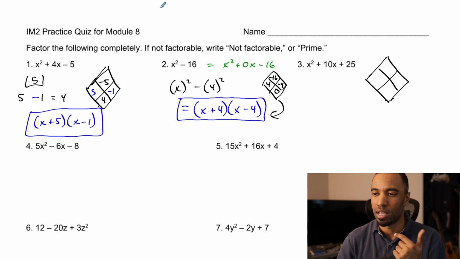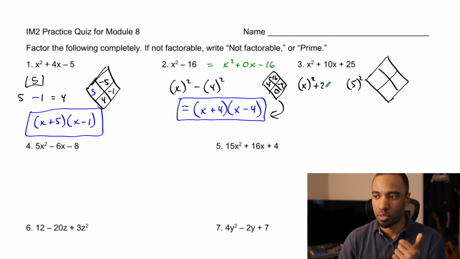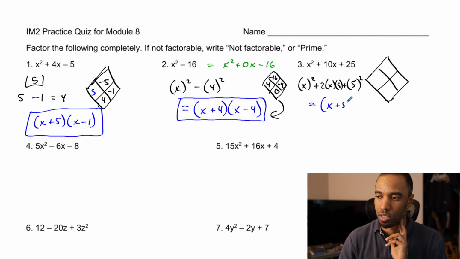On top of it, if you recognize that this is indeed x being squared, on the other end is 5 being squared, and in the middle you are doubling the product of x times 5, if you recognize 10x is 5x doubled, then you do have a squared plus 2ab plus b squared, which means this becomes x plus 5 quantity squared.